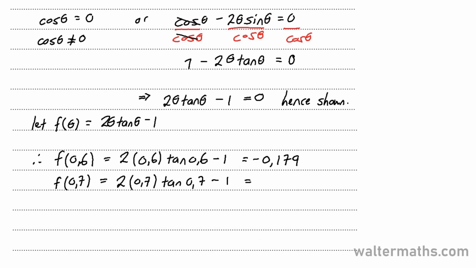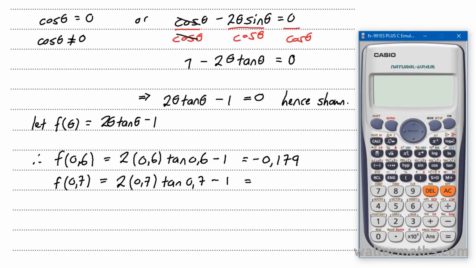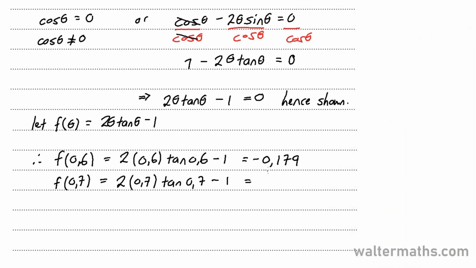And if we type that into our calculator, that's 2 times 0.7 tan 0.7 minus 1, and we get 0.179. So there's a sign change here from negative to positive.